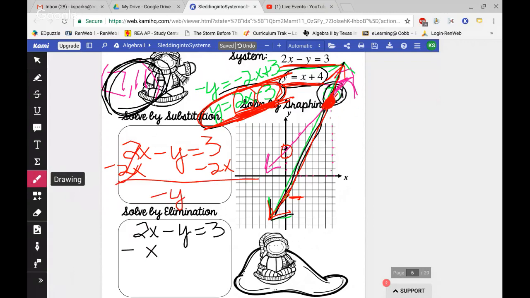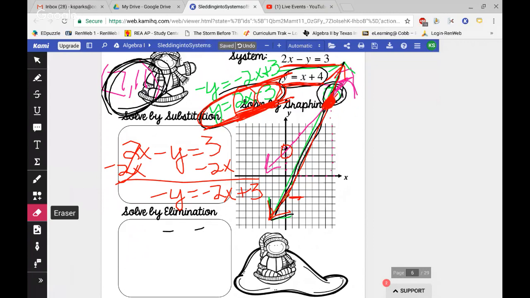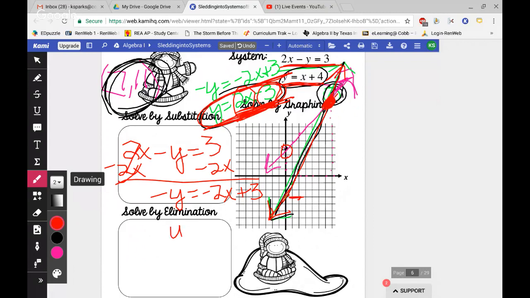That gives you negative y equals negative 2x plus 3. And now I have to divide everything by a negative 1 because I can't have a y that's negative, right? Mm-mm. So that's y equals 2x minus 3. So this is this formula in slope-intercept form, right? Uh-huh. Okay, so I graphed it using that. Okay, that's making more sense.